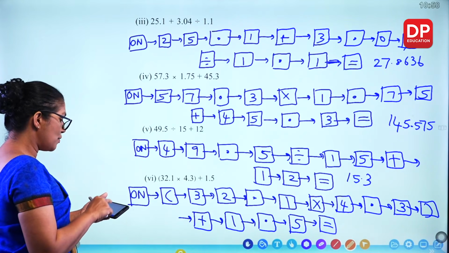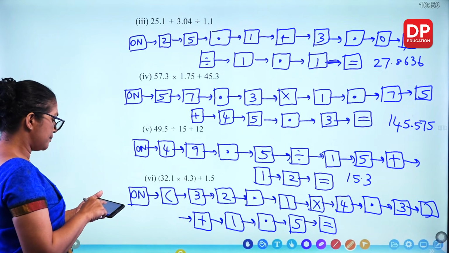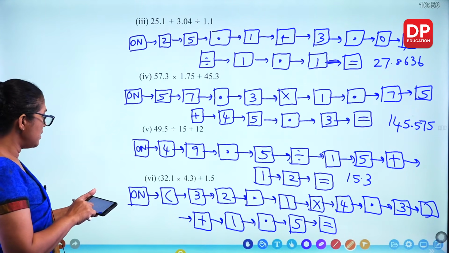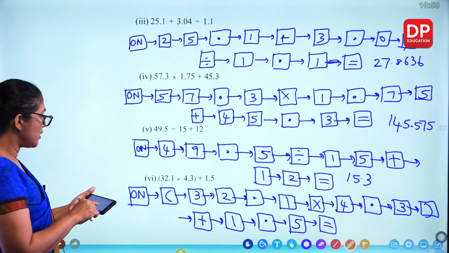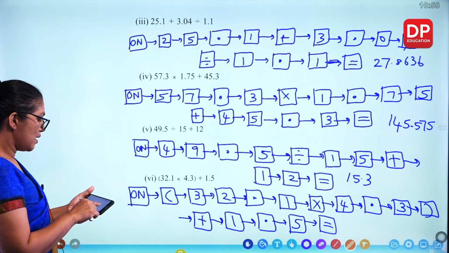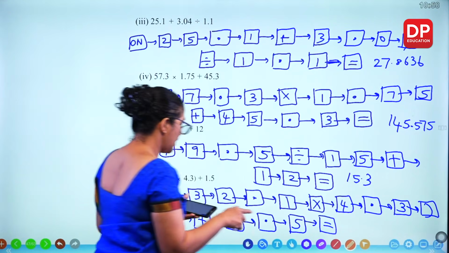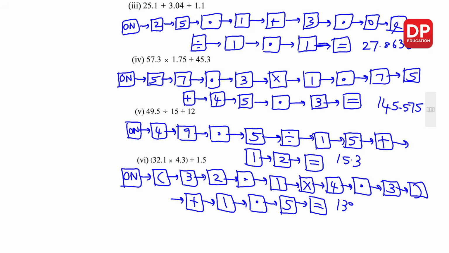Last one, you need to put brackets. Open bracket, 32.1 multiplied by 4.3, close brackets, plus 1.5 is 139.53.